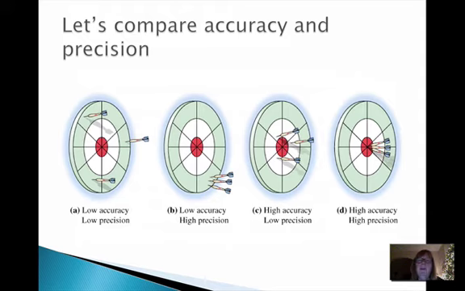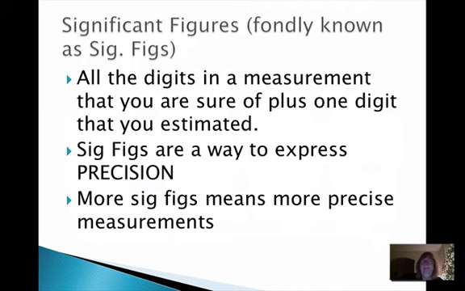However, the darts are close to one another, so they are precise, they're reproducible. In the next one, they're pretty close to the bullseye, but they're not close to one another. So we would say that there's high accuracy, but low precision. And on dartboard D, they're in the bullseye, that's high accuracy, and the darts are close to one another, high precision.